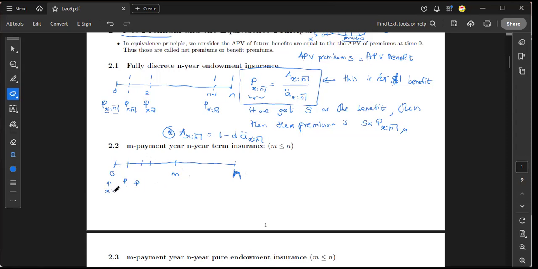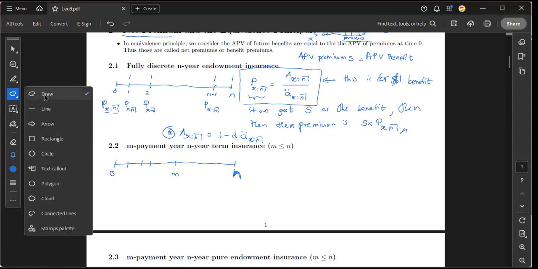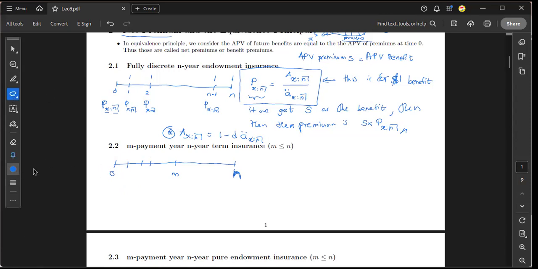The coverage goes for n years, but the premium is only paid for m years. So we have m for this notation, and it's like a term life, so we have that 1 to denote it. I'll use a proper notation so that you can see it clearly. It's like this.